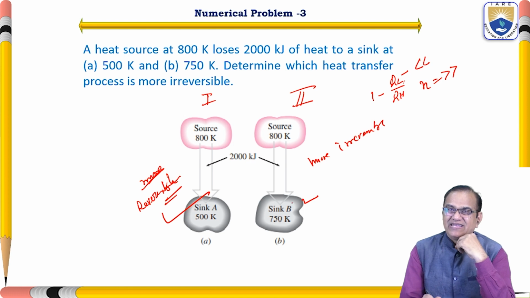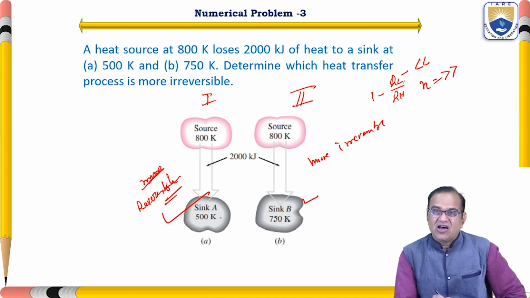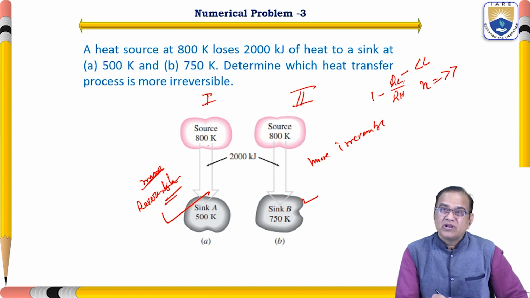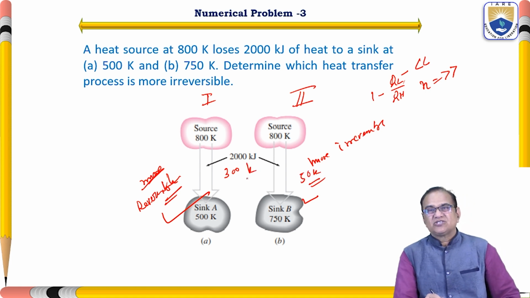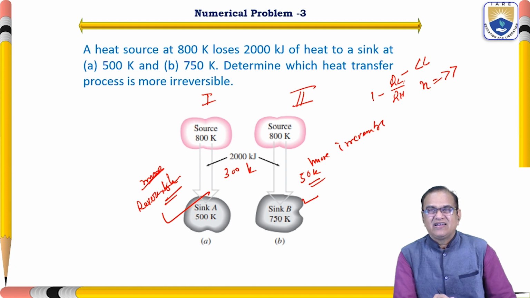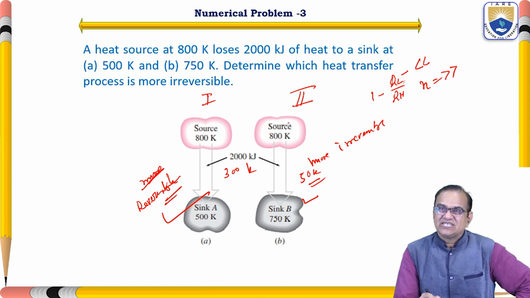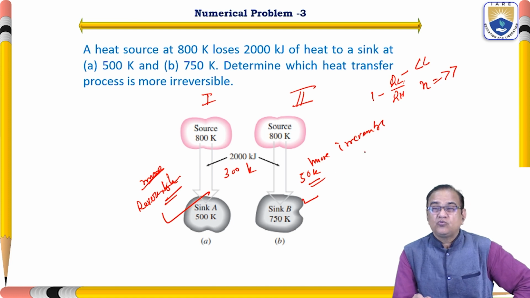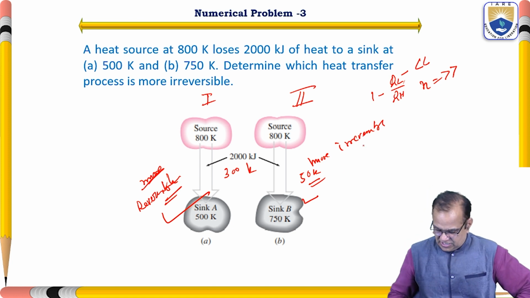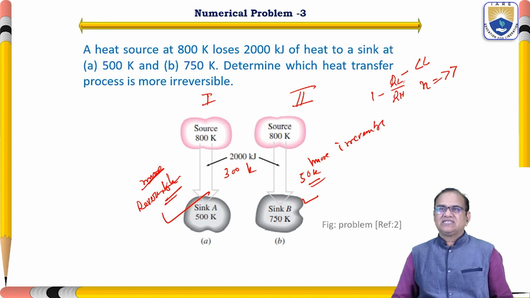This is better than this because the losses here are less: from 800 to 500, 300 is consumed, and here only 50 is consumed. So system 1 is better than system 2, because system 2 has more irreversibility.